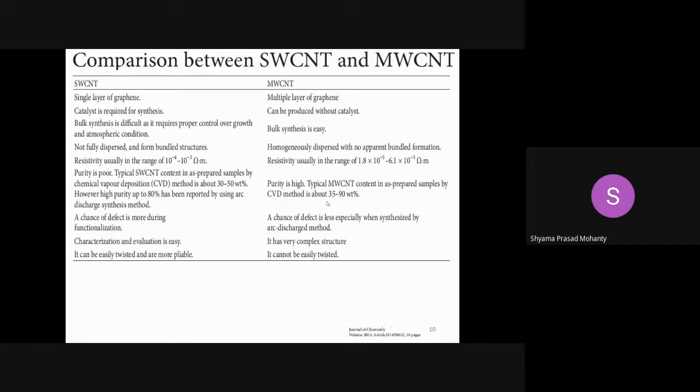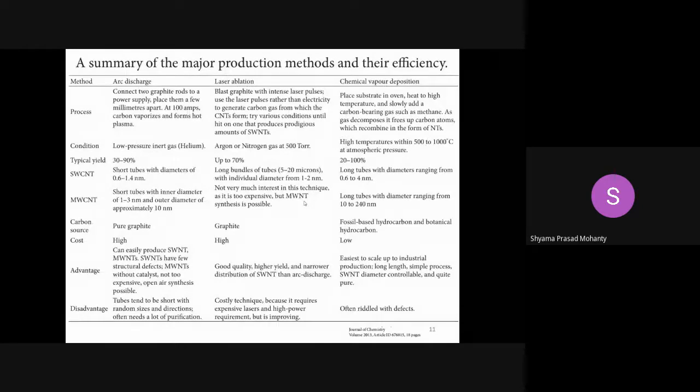So it is a little bit cheaper as compared to single wall carbon nanotubes. If you compare purity, MWCNT has high purity, whereas the purity is poor in single wall carbon nanotubes. So these are some of the points which we can compare between the single wall and multi-wall carbon nanotubes.